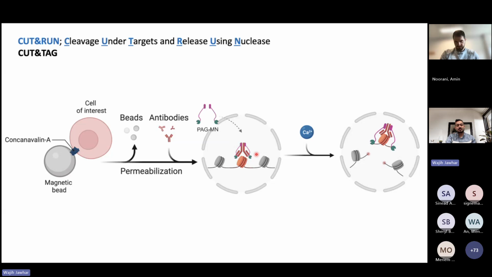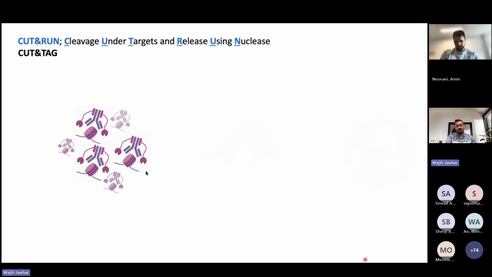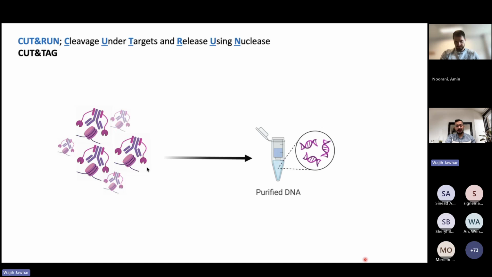The MNase identifies the IgG portions of your antibody thanks to the protein A, protein G component. And then upon the addition of calcium, the reaction starts within seconds, cleaving your target-bound DNA, which can then be released to the supernatant. And then from these complexes, DNA can finally be purified, either with conventional organic methods or with spin filter column purification.